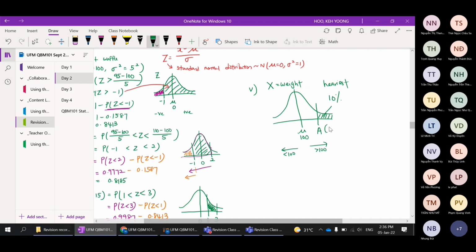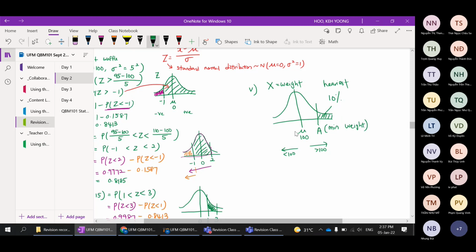We want to find what is the value, let's say A, the minimum weight. Let's say A is 130 grams. So the minimum weight for the top 10% will be 130 and above. The minimum is 130, so it could be 131, 132, and so on. We want to find this A value.